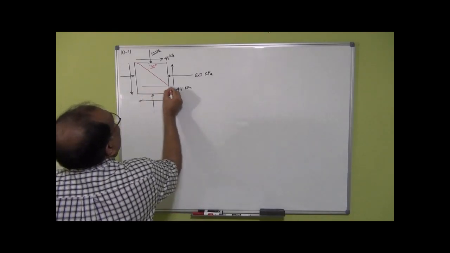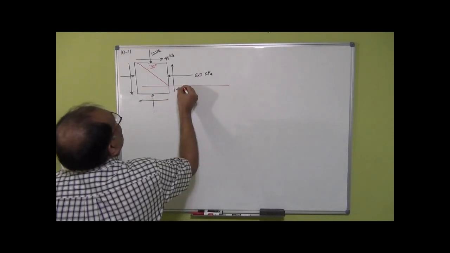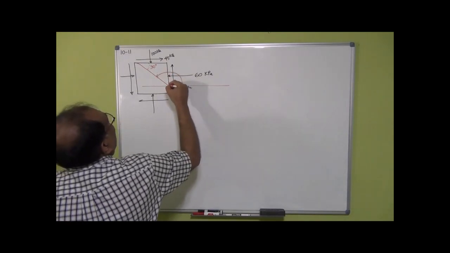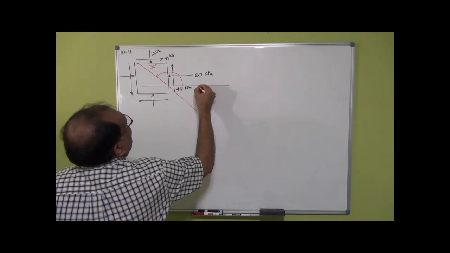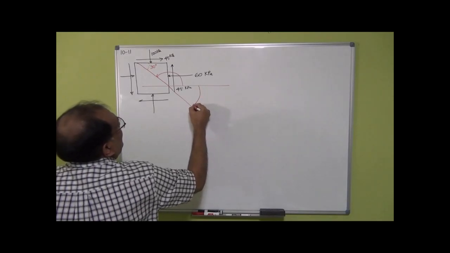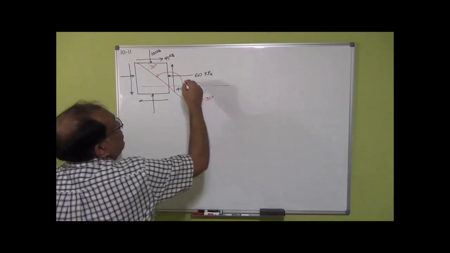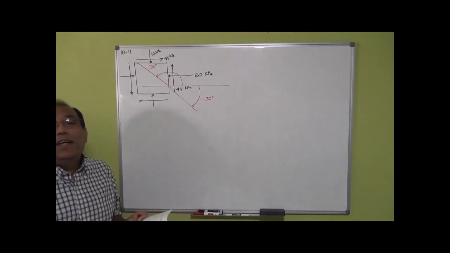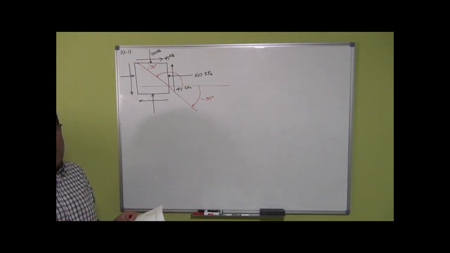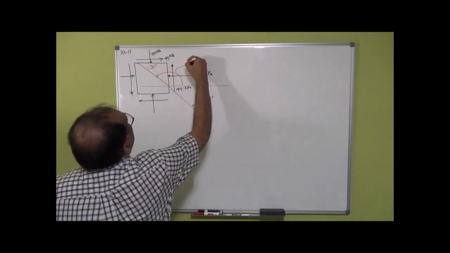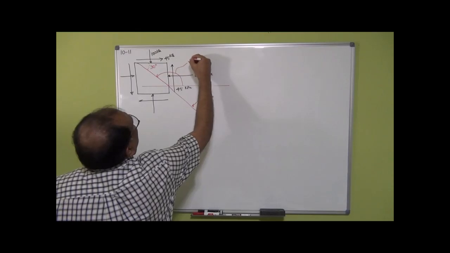If you draw a line here, I can measure the angle like this, or I can measure it this way. This one would be minus 30 degrees because I am measuring it clockwise. Counterclockwise is positive, clockwise is negative. Or this one is actually 180 minus 30.